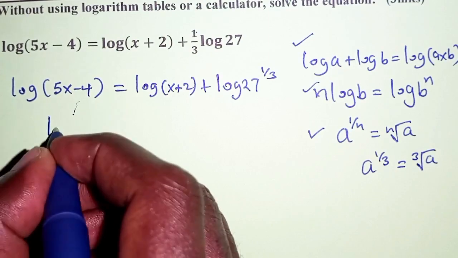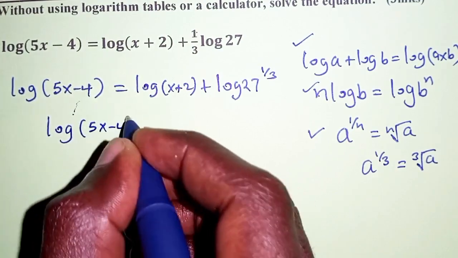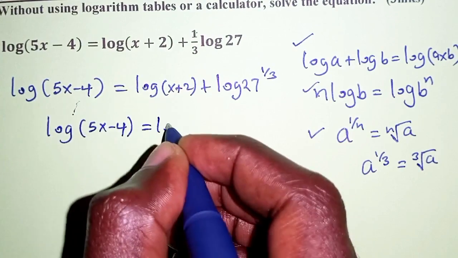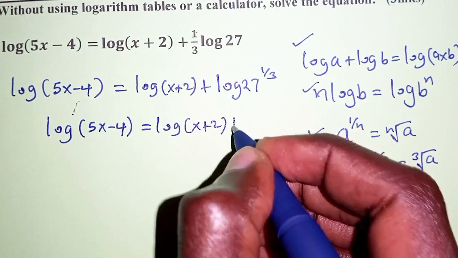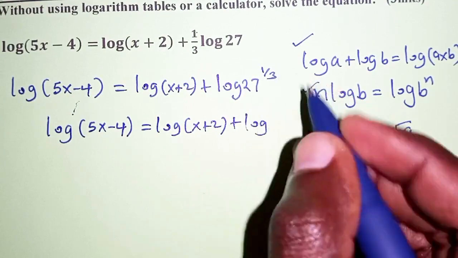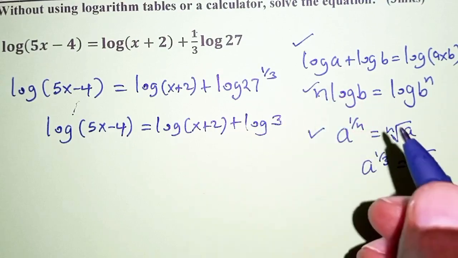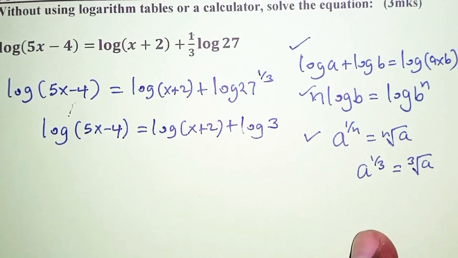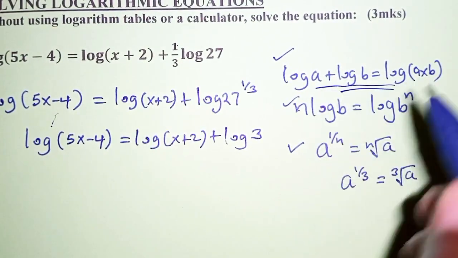So we have logarithm of 5x minus 4 is equal to logarithm of x plus 2 plus logarithm of 27 raised to a third. We say that is the cube root of 27, which is 3. Now the next thing is to apply this law of logarithm.